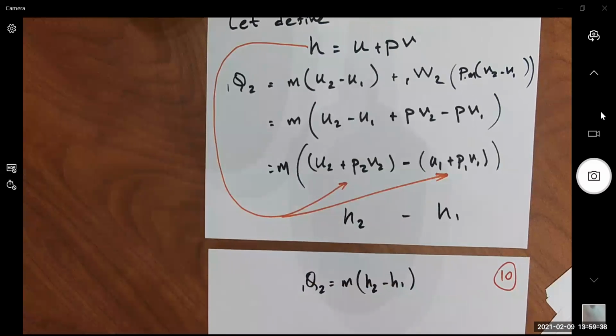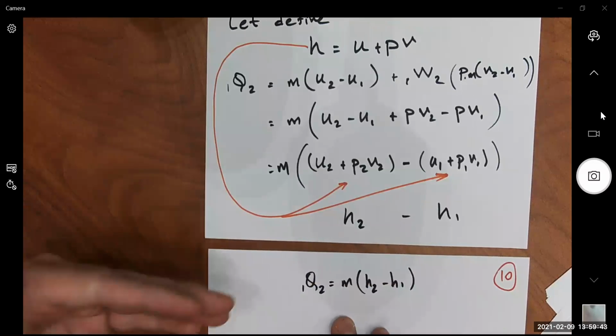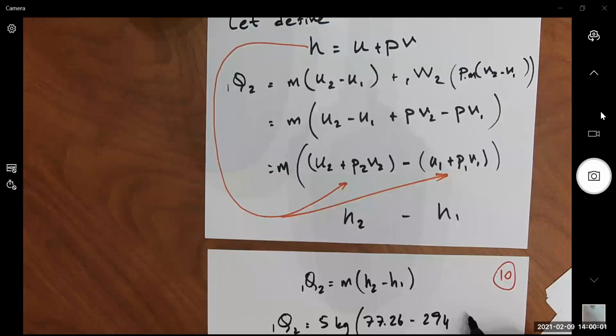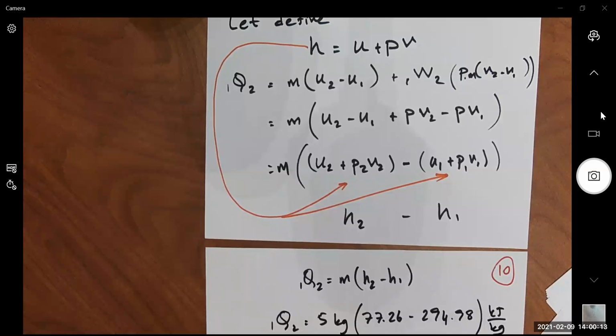I found my enthalpy properties at state 1 and state 2 already, so I can insert them and find my heat, and see if it gives me the same. H2 is 77.26 minus 294.98 kilojoules per kilogram. Q from state 1 to state 2 will be minus 1088.6 kilojoules. It's pretty close, right?